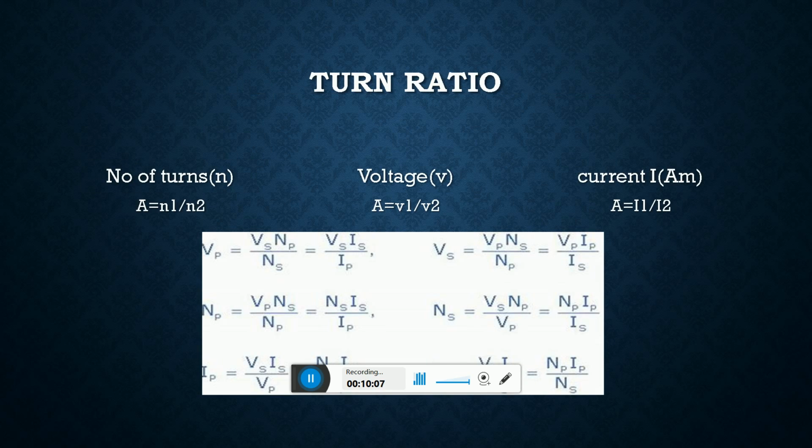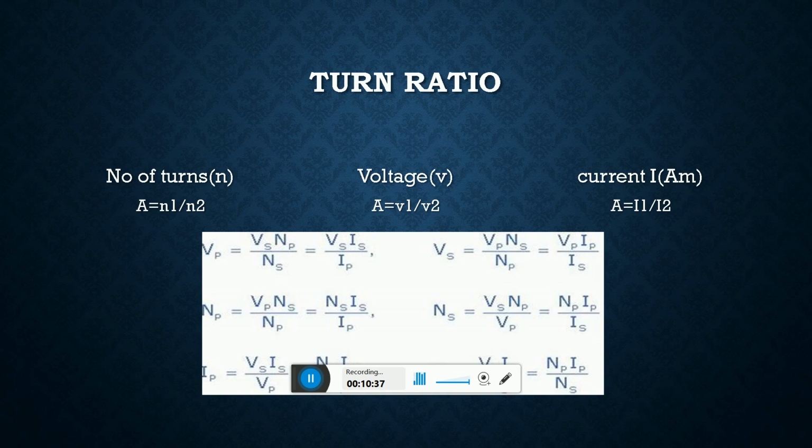There is a ratio relationship for voltage, number of turns and current, which is useful to find the energy output and the energy loss during this process. Here, the number of turns is N1 for the primary coil and N2 for the secondary coil. The turns ratio is A equal to N1 by N2.